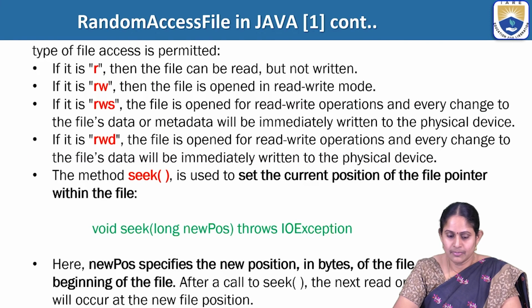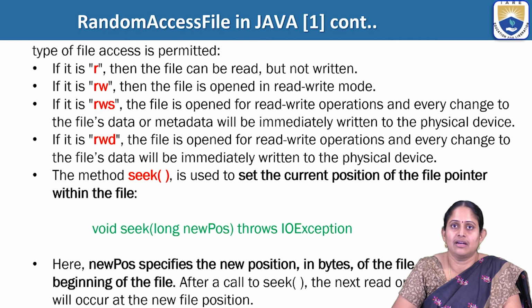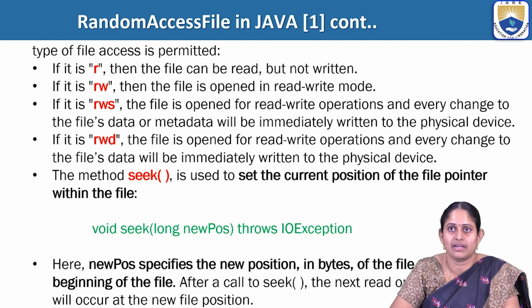If the access is in r mode, then the file can only be read but not written. If it is in rw mode, then the file is opened for reading and writing.